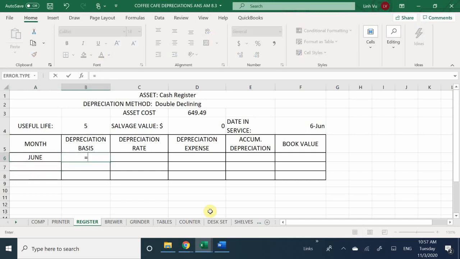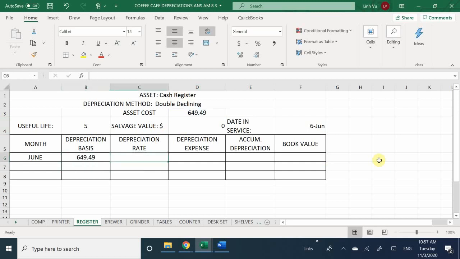What's my depreciation basis going to be? The cost, 649.49. And what's my depreciation rate? 0.4.